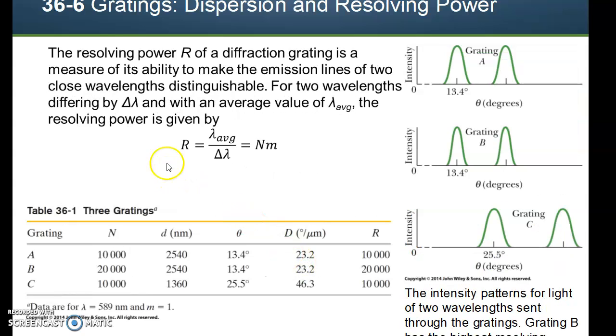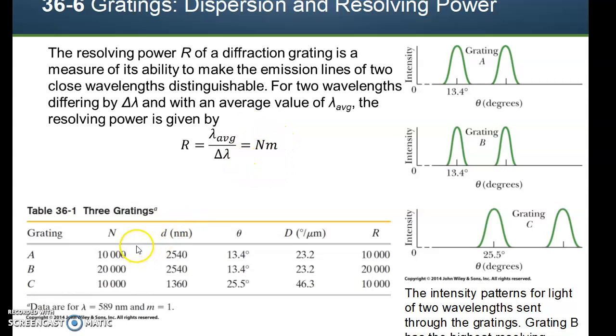So, the resolving power, R, of a diffraction grating is a measure of its ability to make the emission lines of two close wavelengths distinguishable. For two wavelengths differing by delta lambda, with an average lambda, the resolving power is R equals lambda average over delta lambda equals N m. The number of rulings N does appear in here, okay?